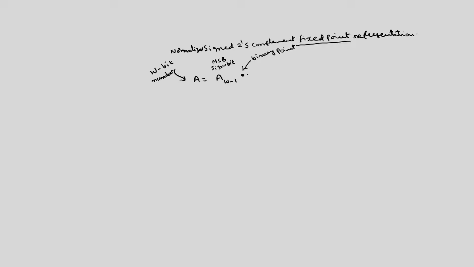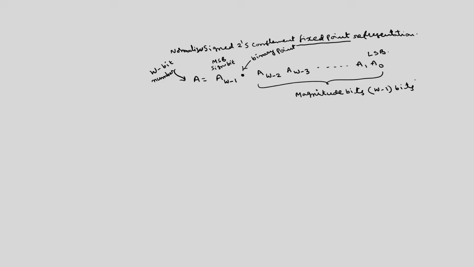The order of the weights: the next bit is A W minus 2, A W minus 3, and so on up to A 1 and A naught, where A naught is the LSB, and these W minus 1 bits are magnitude bits. So, you see the standard normalized signed 2's complement fixed point representation.